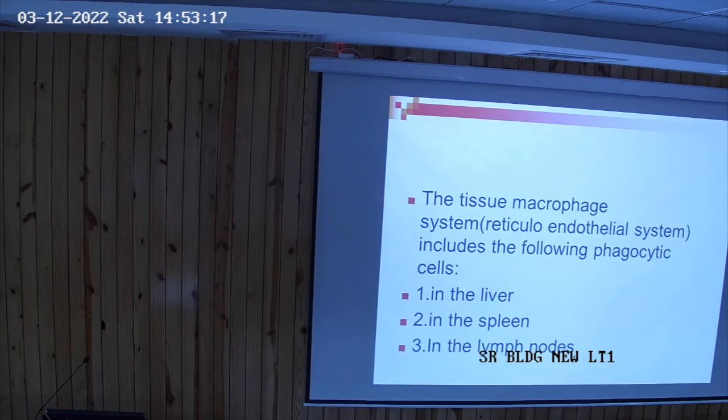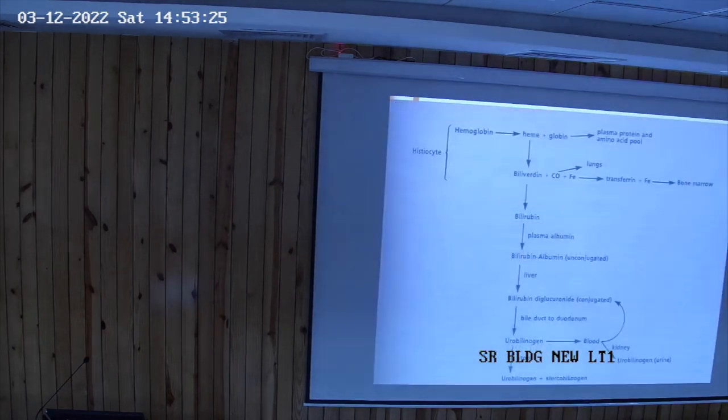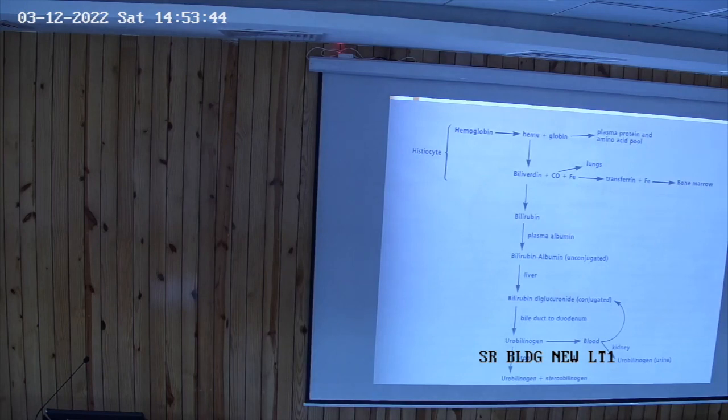The tissue macrophage system or the reticuloendothelial system includes the phagocytic cells which are present in liver, spleen and lymph. Okay, hemoglobin is broken down; the amino acids go into the plasma proteins and amino acids pool. Bilirubin, iron, go to the bone marrow for formation, for erythropoiesis, and bilirubin binds with the albumin.